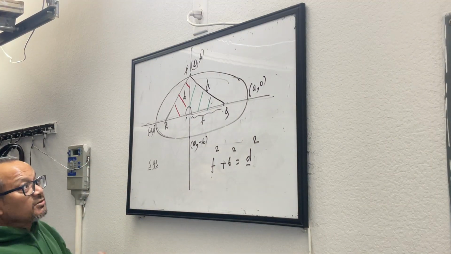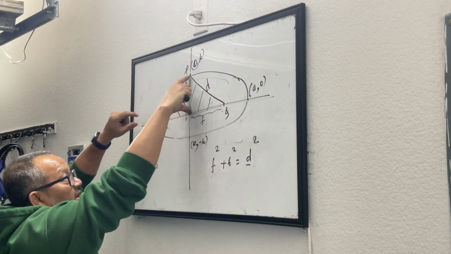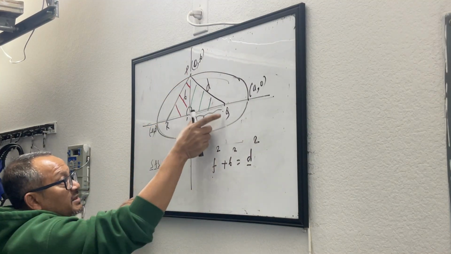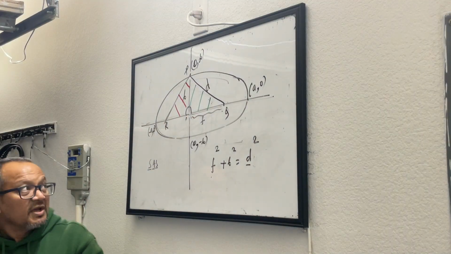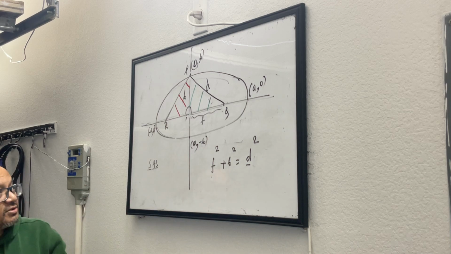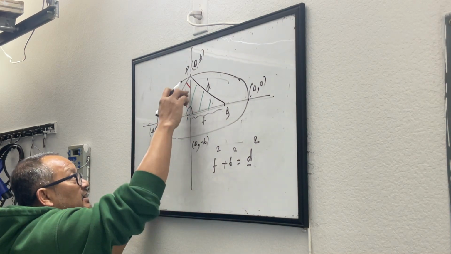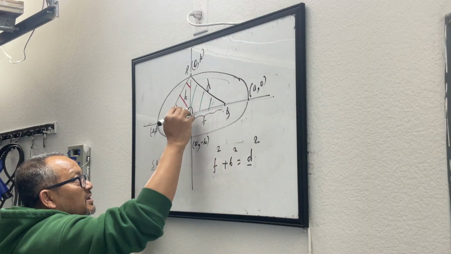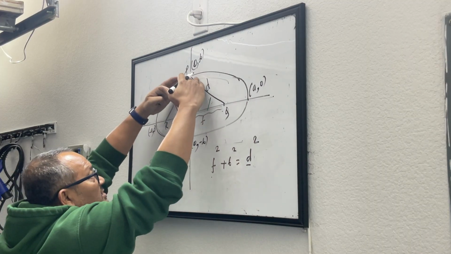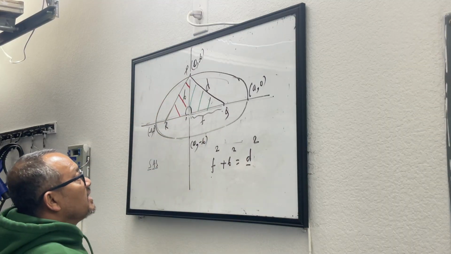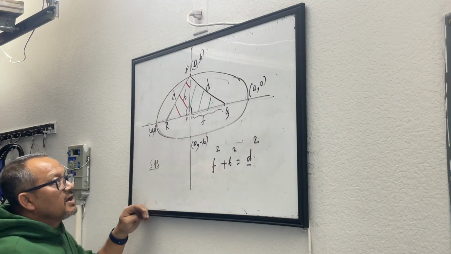So what I'm trying to say here is that these 2 triangles are congruent because this side is common in both the triangles. This length and this length are same by the definition of foci, which says that these are symmetric points. So these two sides are matching between the 2 triangles, and this angle 90 degree, this angle 90 degree. So these 2 distances will be the same anyways. So this is D, so this is also D.